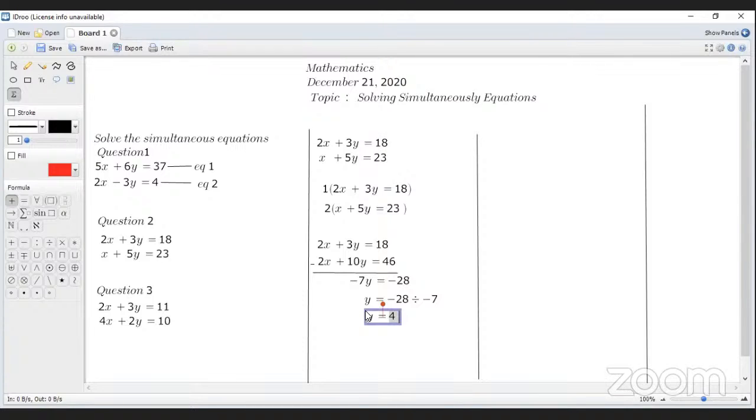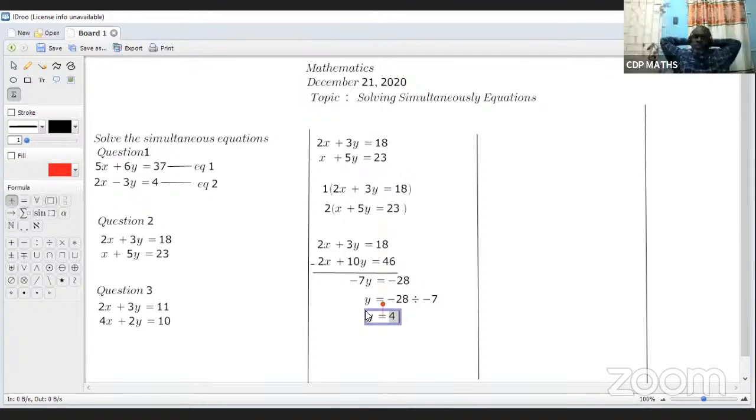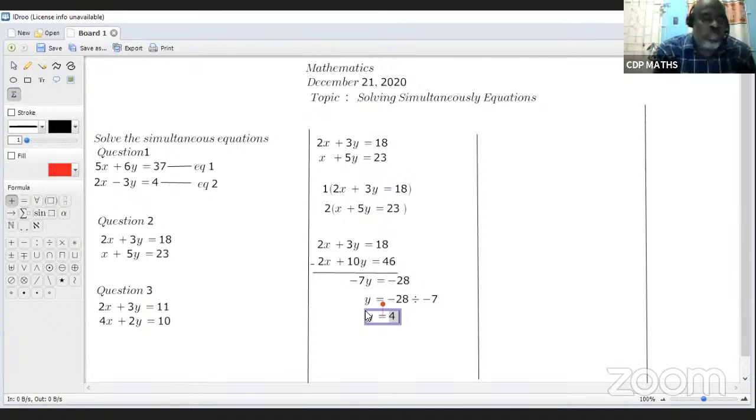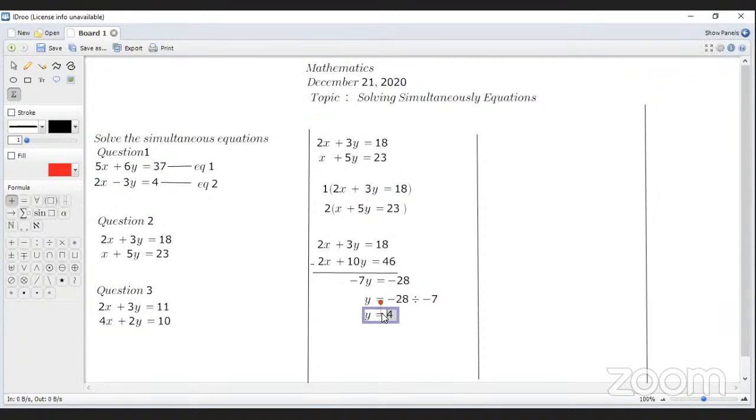I subtracted the second equation from the first equation. Is that wrong? No, you could do it that way too, because at the end of the day, it's still a subtraction. You'll end up with positive 7y and positive 28 and still end up with positive 4. So the same difference, right? Yes, sir. Okay.